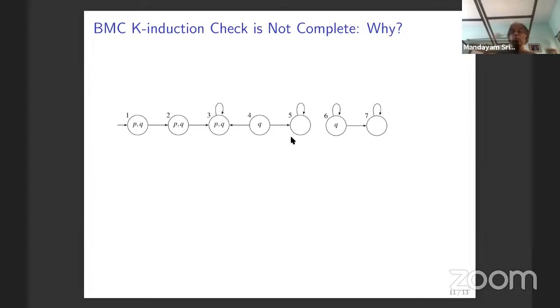That's why just doing the inductiveness check is sufficient but not necessary. Therefore, what you'll have to do is strengthen the check of the induction hypothesis, so that it does not have this problem.